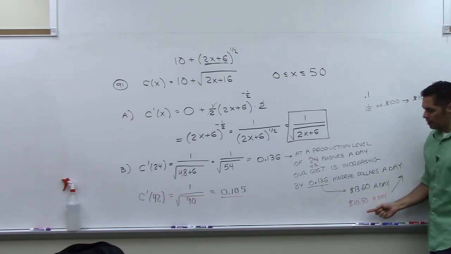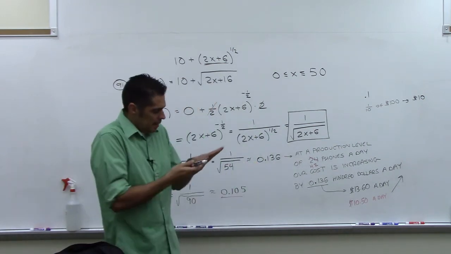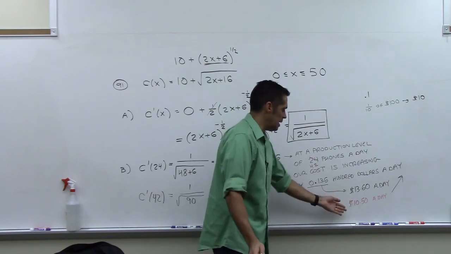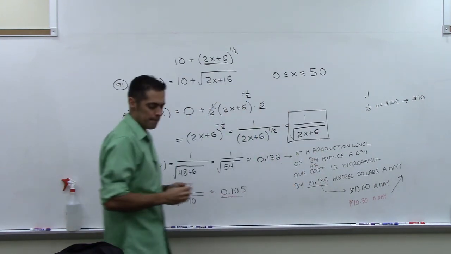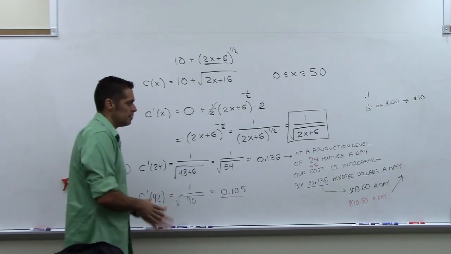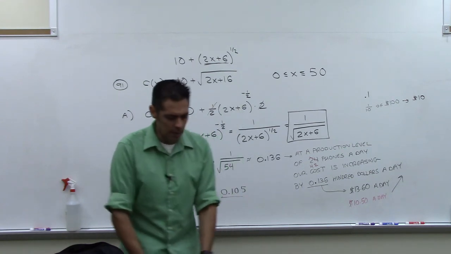So we would probably want to be producing more phones. Even though our cost is going to go up, the rate at which it's going up is smaller. So we're not spending as much money to produce more phones, or the rate at which we're spending money is not as fast. Okay, that covers this section, 11.4.